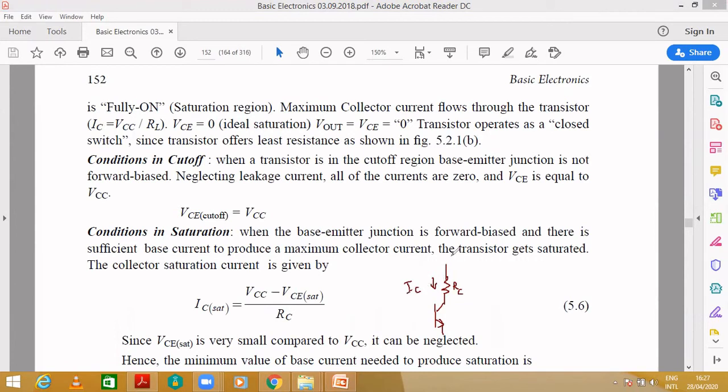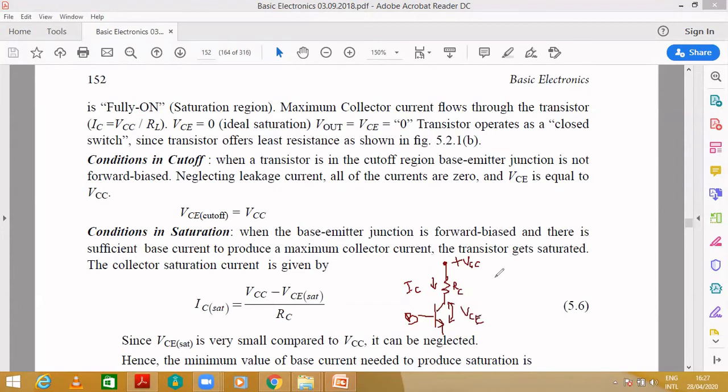Here at this point this will be plus VCC in order to turn on your transistor, and this is your base, and this is your collector and emitter, and this part will be the VCE.